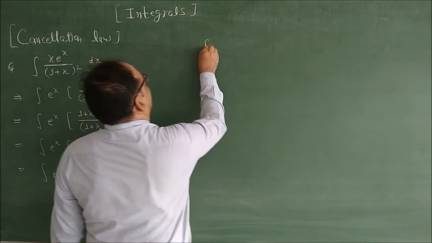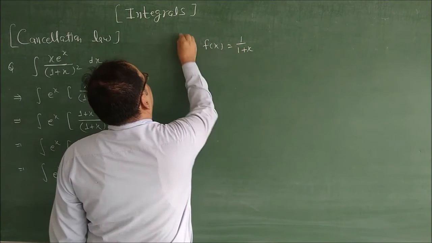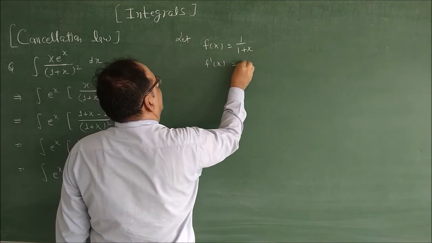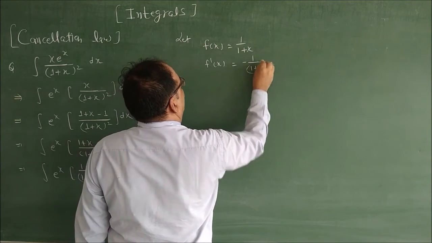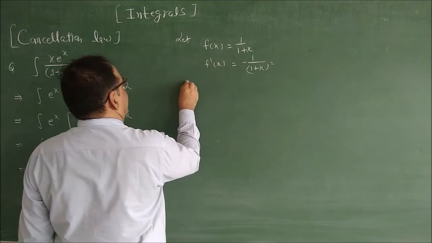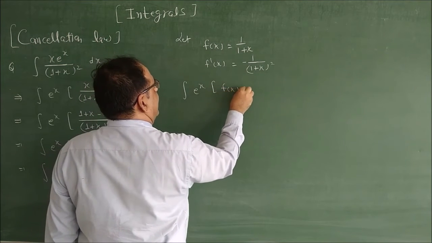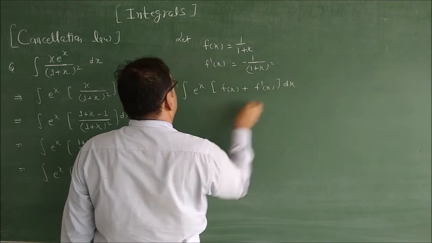Now assume f(x) is equal to 1 upon (1 plus x). So f dash x equals minus 1 upon (1 plus x) square. This is the differential of 1 upon (1 plus x). Now our question becomes the integral of e to the power x (f(x) plus f dash x) dx.